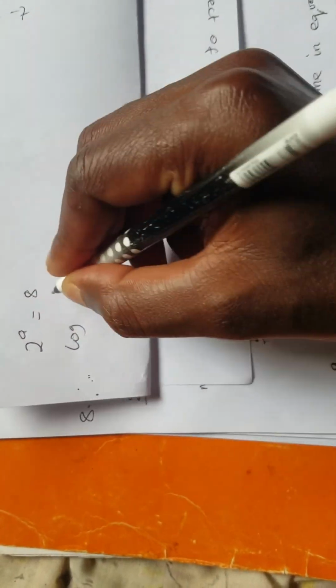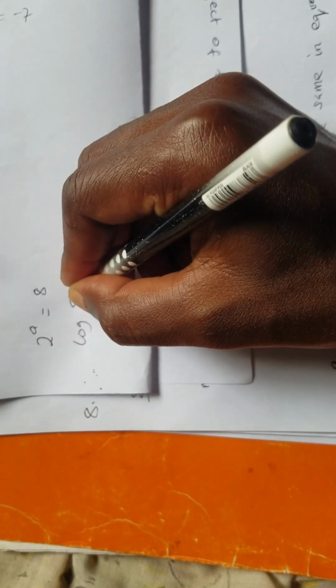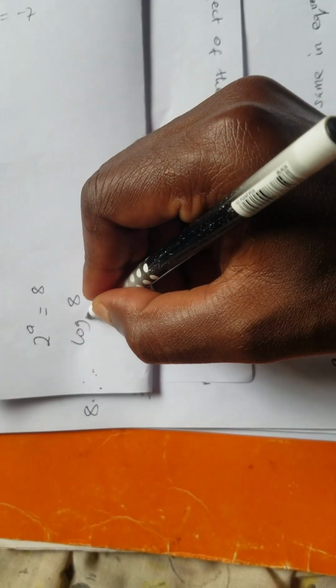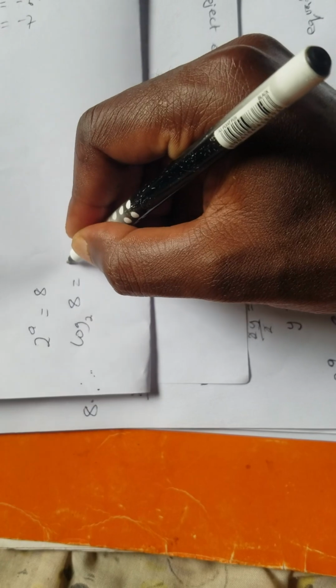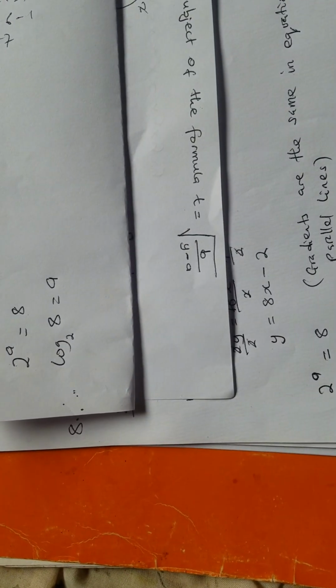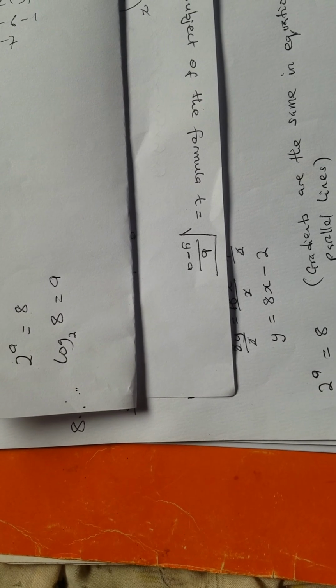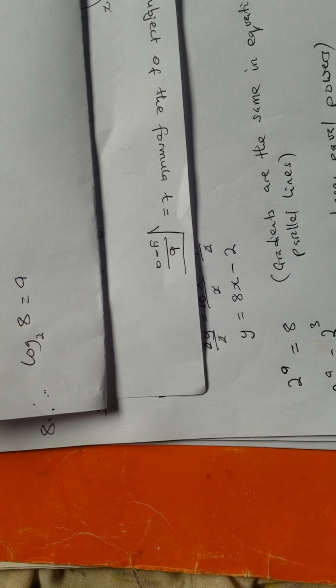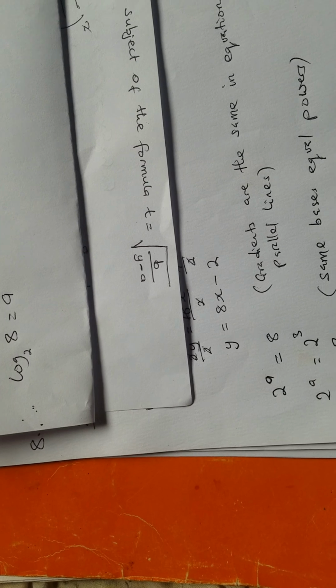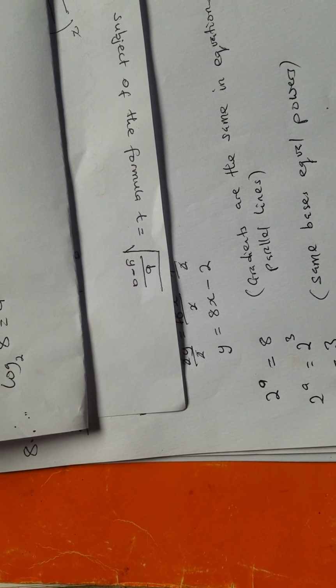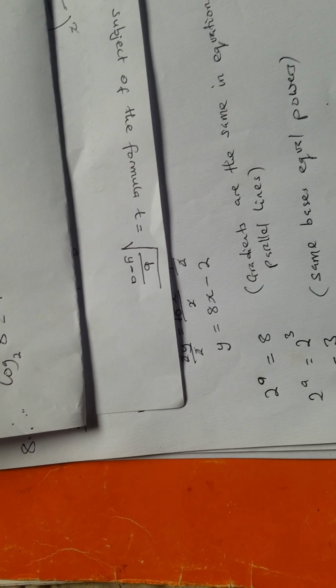You can use the rules of indices, which say that log of this 8 to base 2 is equal to a. It can be in that form, it is also the same. So that means the value of a is log of 8.